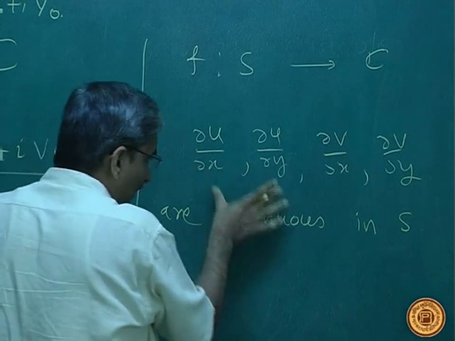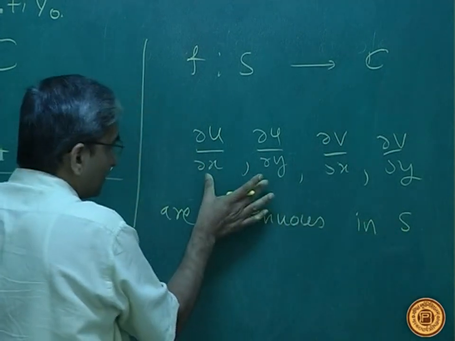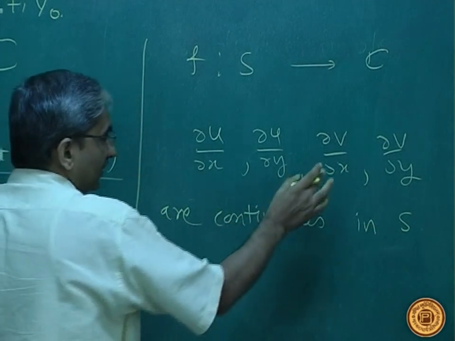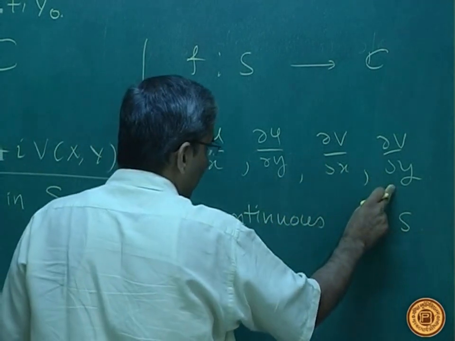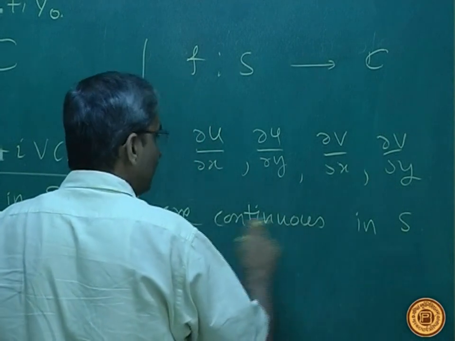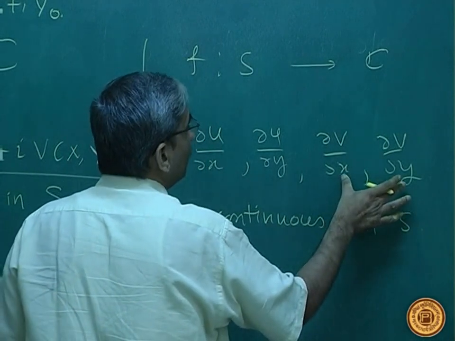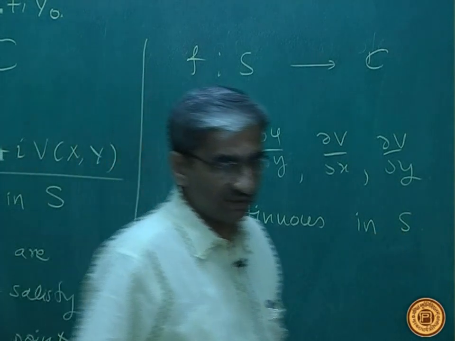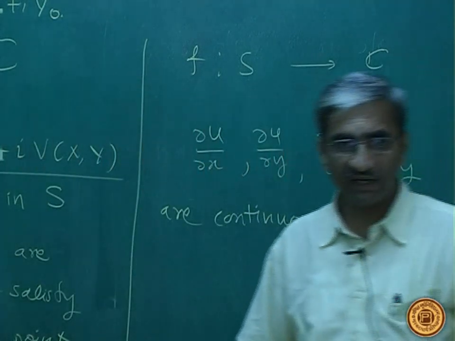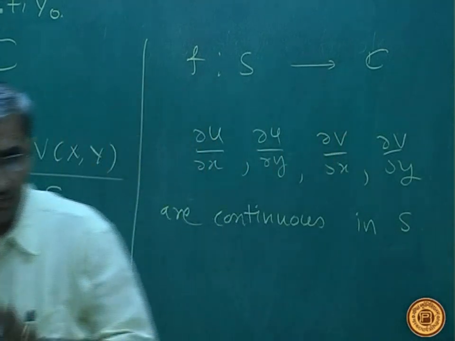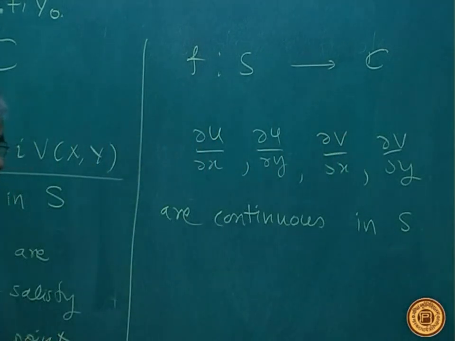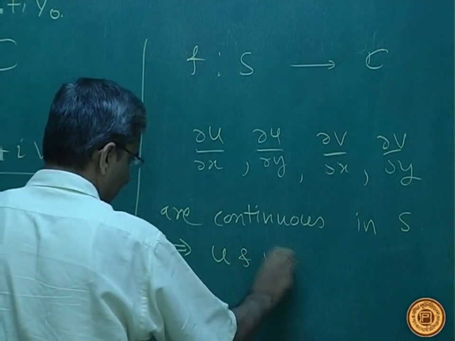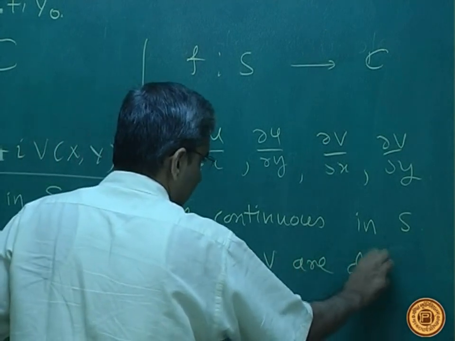Now these two are continuous throughout S means u is differentiable in S. Further, ∂v/∂x and ∂v/∂y are continuous in S means v is also differentiable in S. So continuity of first order partial derivatives is a stronger condition. In fact, that is sufficient to guarantee the differentiability. So this actually implies that u and v are differentiable in S.